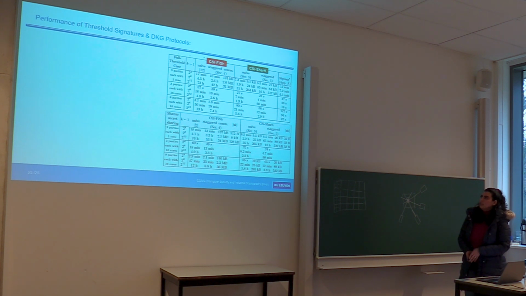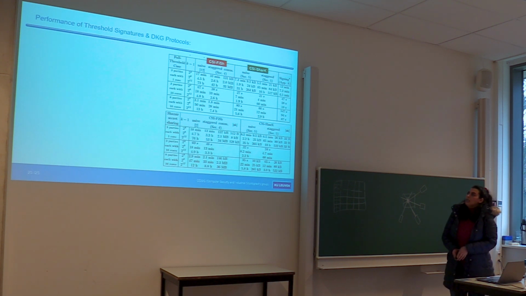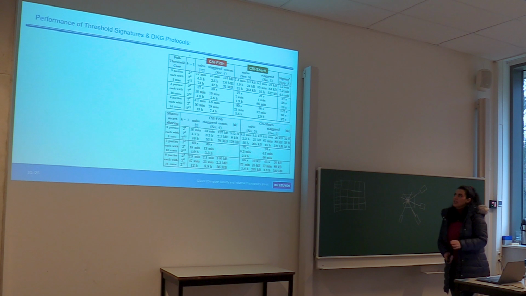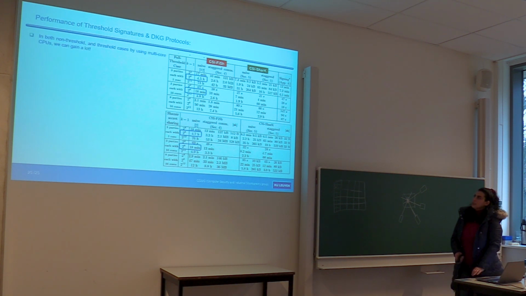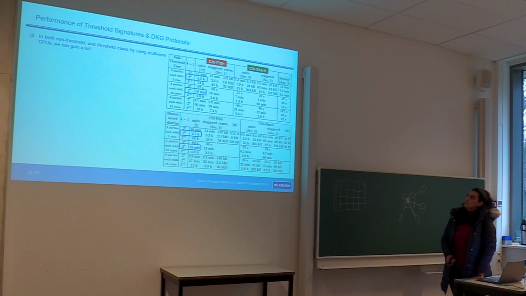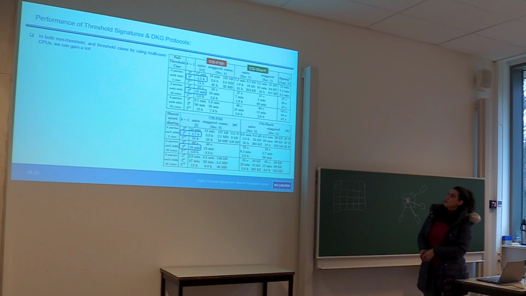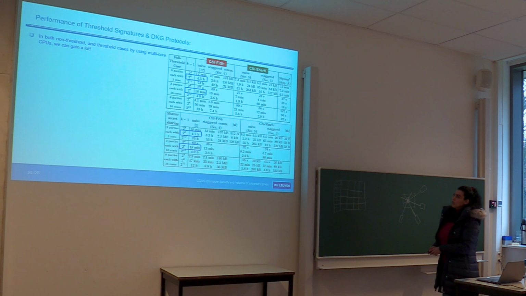Okay, here you can see the tables for full threshold based on CSI-FiSh and Shamir secret sharing based on CSI-FiSh and CSI-SharK. The first one is in both thresholds using multi-core CPUs. You can see the differences.